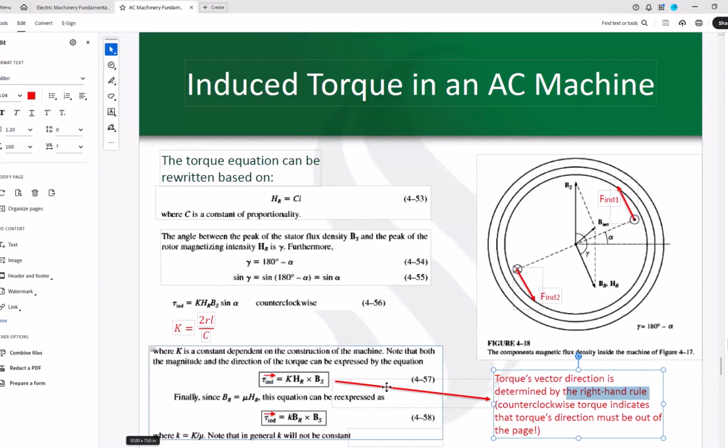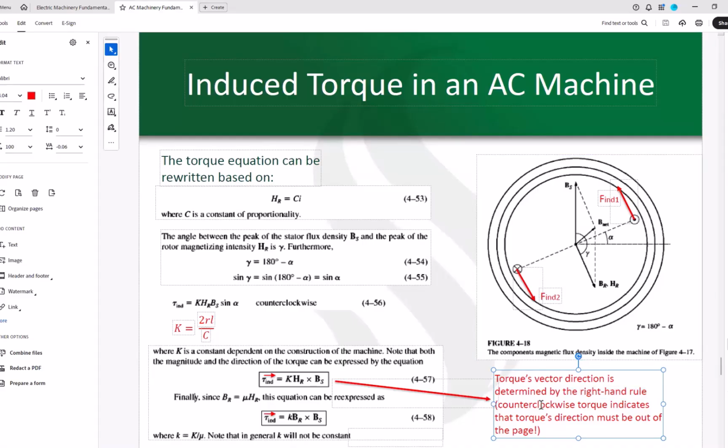Okay? So if you go ahead and use the right-hand rule, put your BR in the direction of your index finger and your BS in the direction of your middle finger, then your thumb will be out of page.